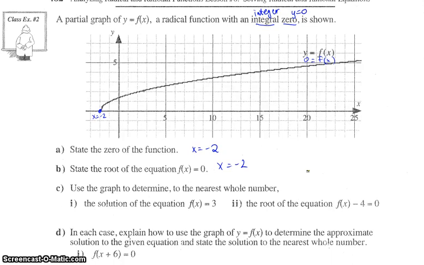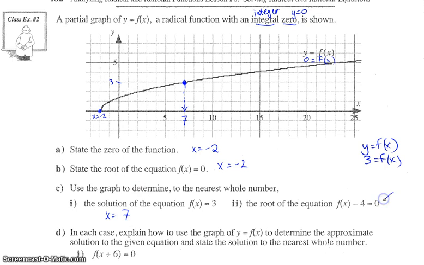So we're letting this function equal 3. If it's y equals f of x, and there's a 3 instead of a y, we go on the graph to where y is 3, go across until we hit the actual graphed function, go down, read off our x value, and that would be our answer. So the solution would be x equals 7.